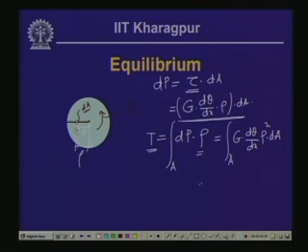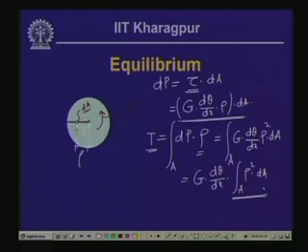Now, G d theta dx being a constant, let us take that out, and this is equal to the integral over A of rho square dA. You can recognize that rho square dA is the second moment of this small area with respect to the axis passing through the center of the cross section. This is nothing but the moment of inertia of the section about the axis passing through the center, perpendicular to the plane of the cross section.